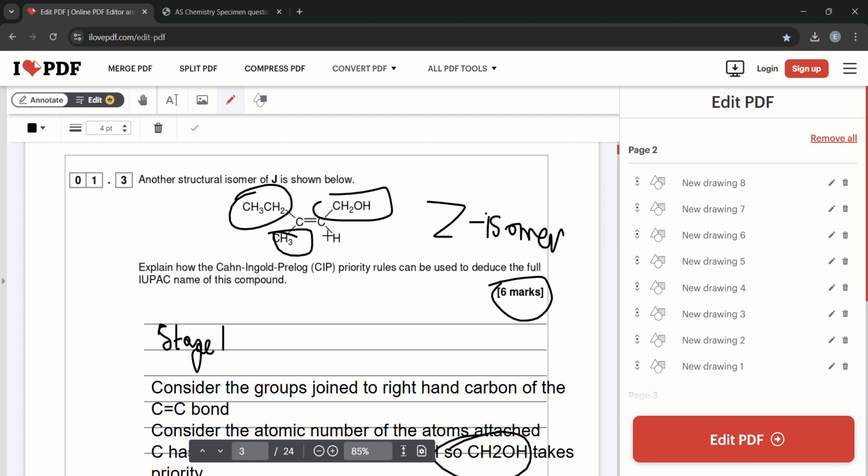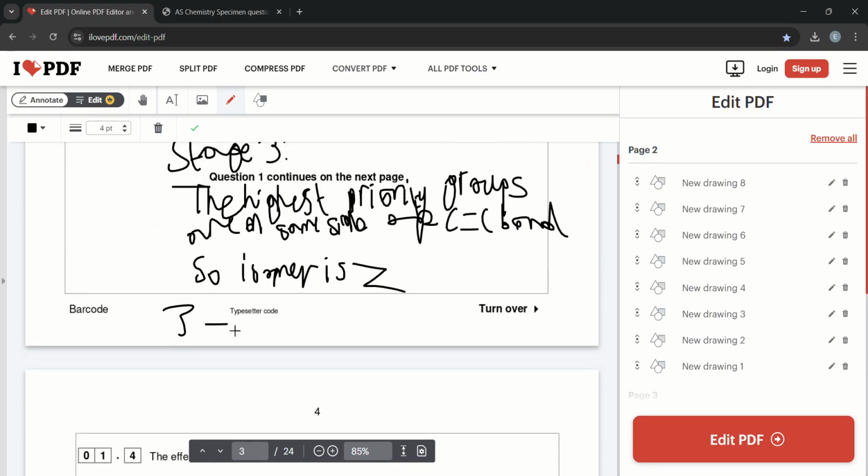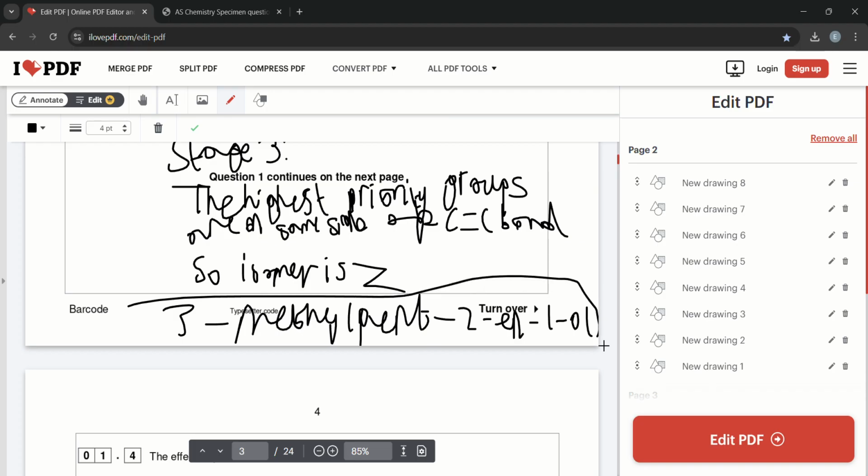And because the double bond is on the second carbon, so it's going to be 3 methyl. And you obviously have to do alphabetical order. 3-methylpent-2-en-1-ol, and you do also need to include all these dashes. 3-methylpent-2-en-1-ol.